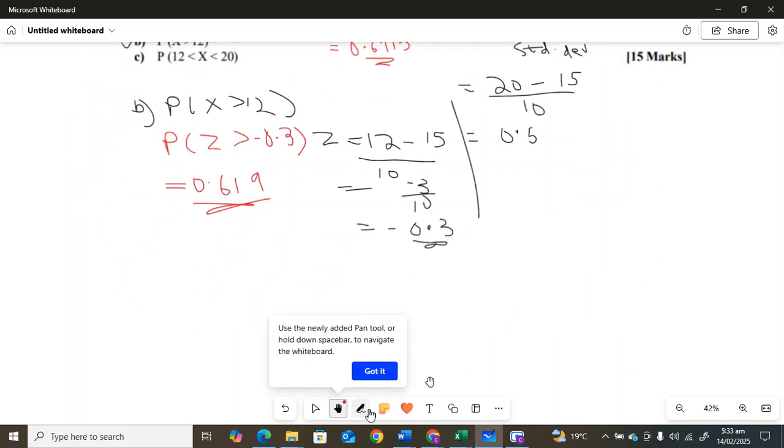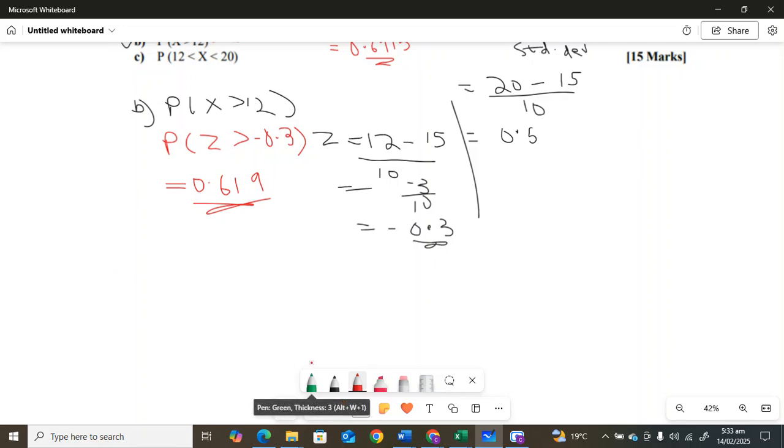Okay, we go to part C, where you have x between two values: P of 12 less than x less than 20.